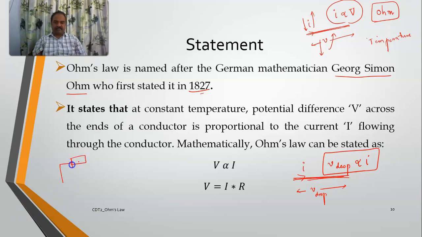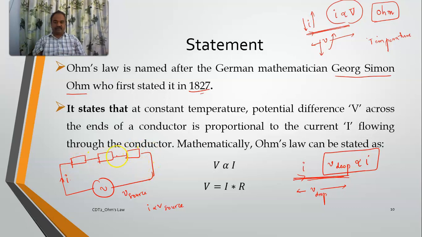Now let us suppose there is a conductor. Whatever the current flowing in this one, this I is proportional to the V source. How much voltage you are applying will guide your current through this circuit.